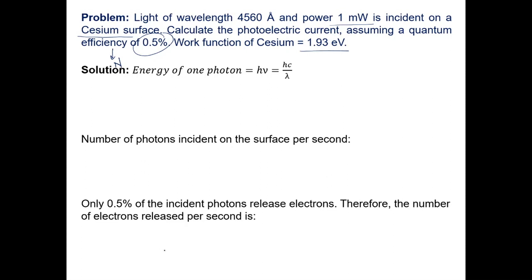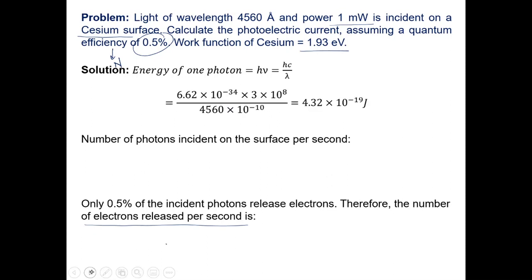So then let's get to the job. We know the energy of one photon is h nu or hc by lambda. We calculate the number of photons incident on the surface per second, and if only 0.5% of the incident photons are responsible for releasing electrons, we can calculate how many electrons are released per second.